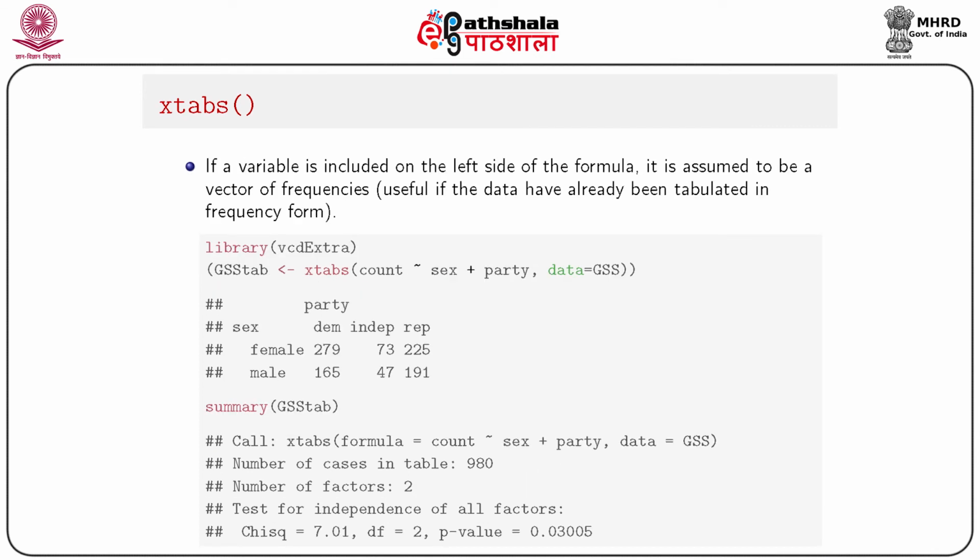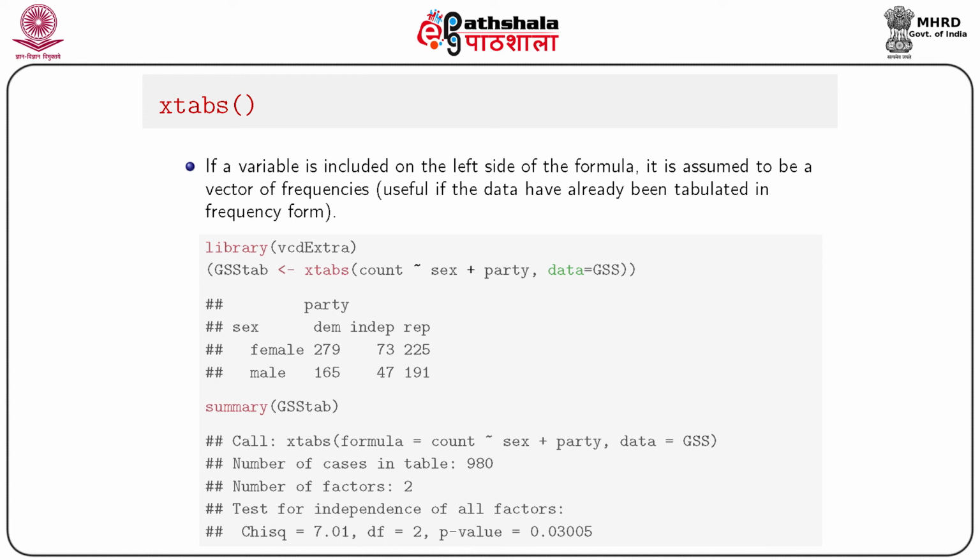If a variable is included on the left side of the formula, it is assumed to be a vector of frequencies. So suppose here is the library vcdExtra, and one dataset is GSS. So GSStab equals xtabs, where the left side is the count and the right side is sex plus party, with data equals GSS.